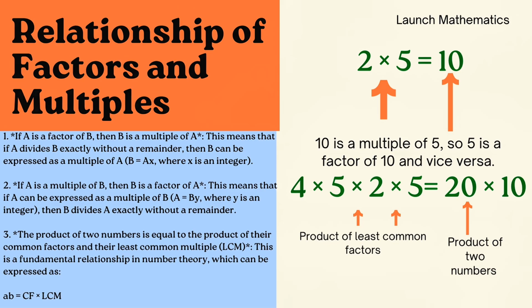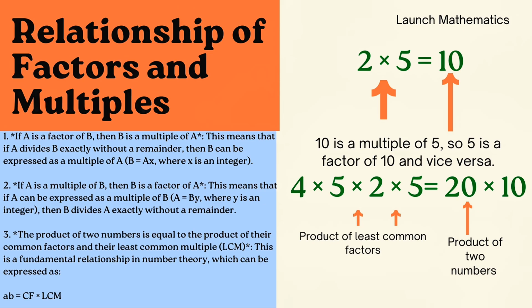Third, the product of two numbers equals the product of their common factors and their least common multiple. What are common factors and least common multiple? We will study common factors and least common multiple in this video. This is a fundamental relationship in number theory which can be expressed as: let two numbers A and B, A multiplied by B equals common factor multiplied by LCM.